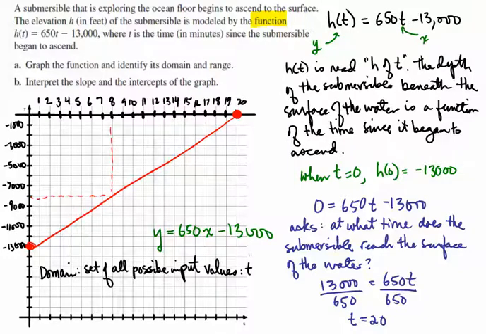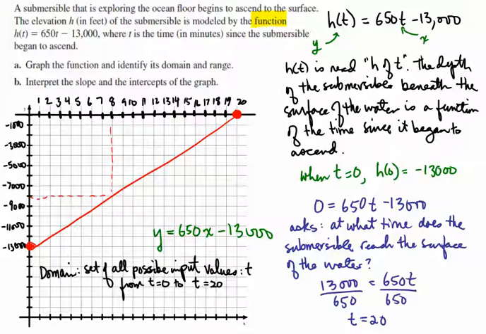And we know that time in this sense can't be negative, so time is going to start from 0 and it's going to continue until the submersible reaches the surface of the water. So we would say that time is going to go from 0 to 20. That is the domain. The domain is from 0 to 20.